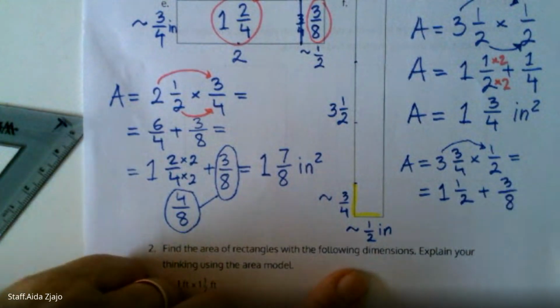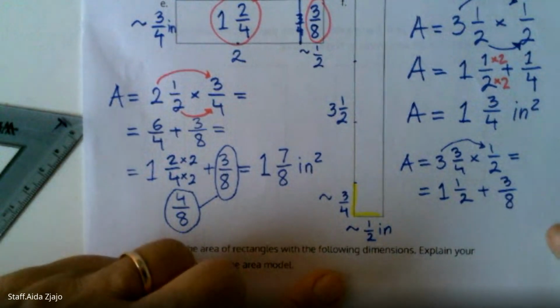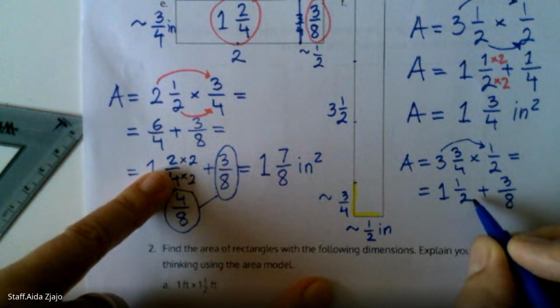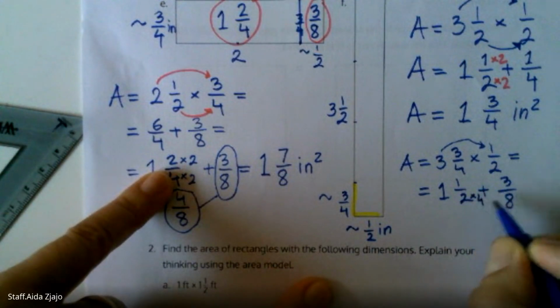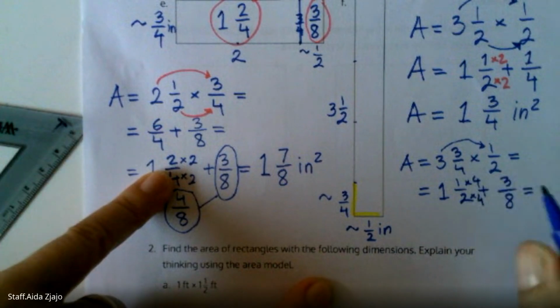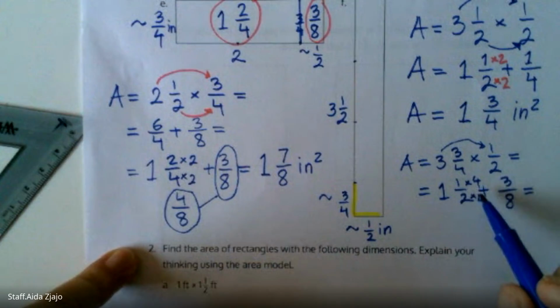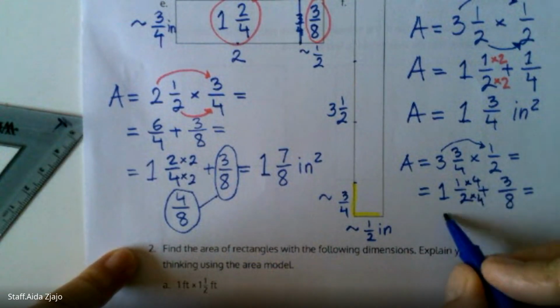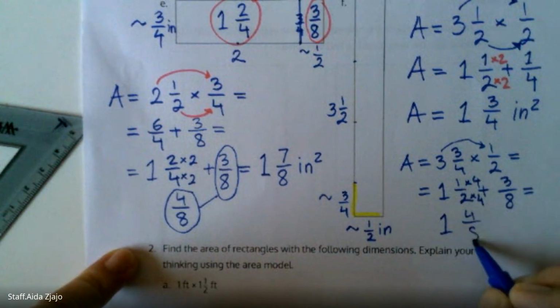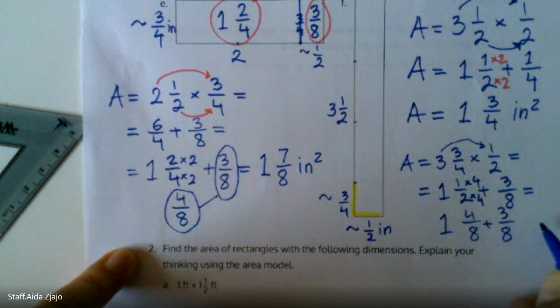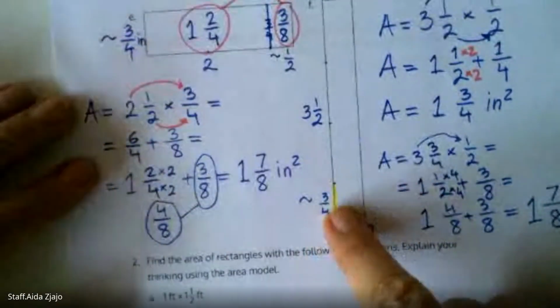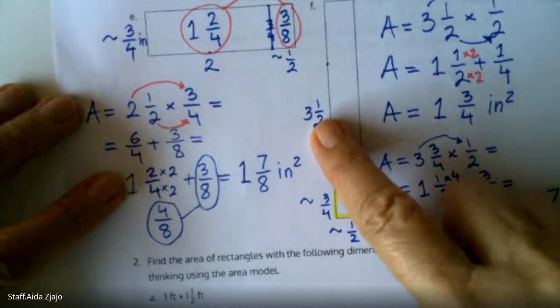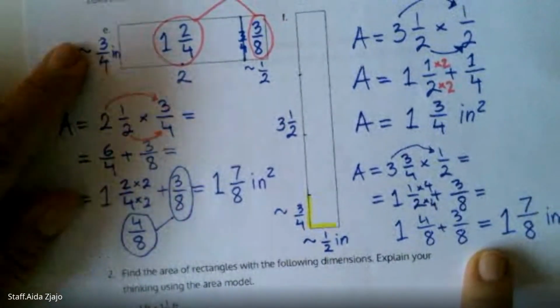So when I do that, I can change 1/2 into eighths, sorry. So then I will have 1 whole and 4/8 plus 3/8, which will give me 1 whole and 7/8 square inches.